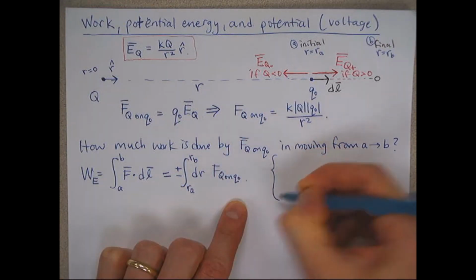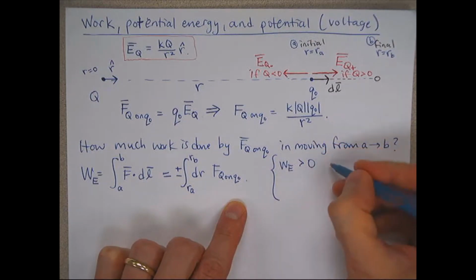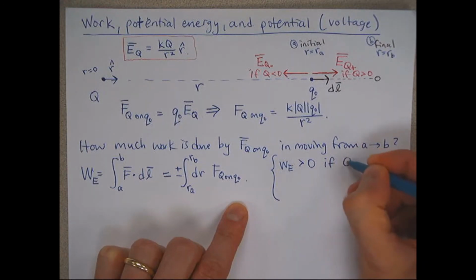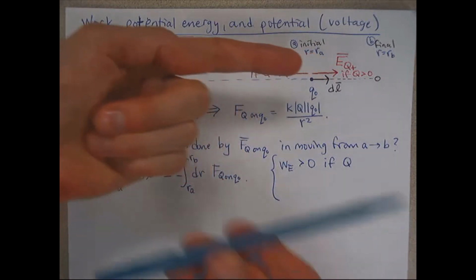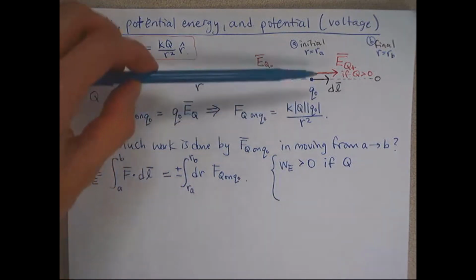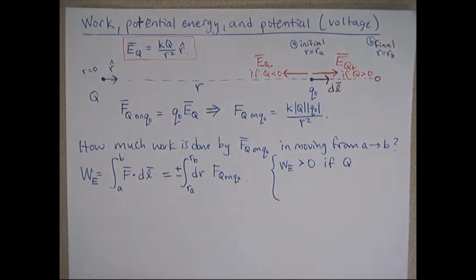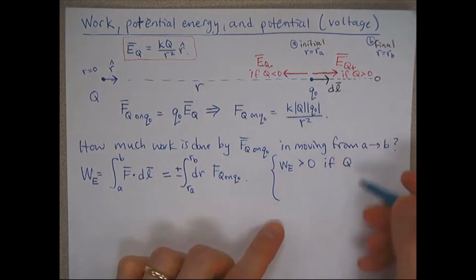We could say here that the work done by the electric force is positive if, what needs to be true to have a positive work? You need a force in the same direction as the dl vector, and that will be true if Q, capital Q, the source charge, is positive.